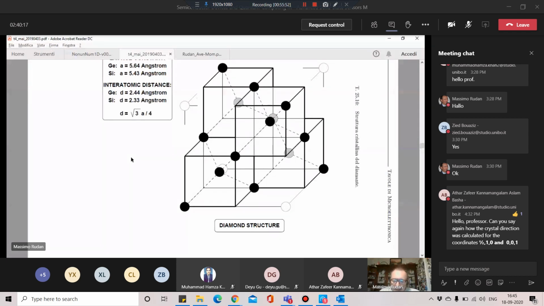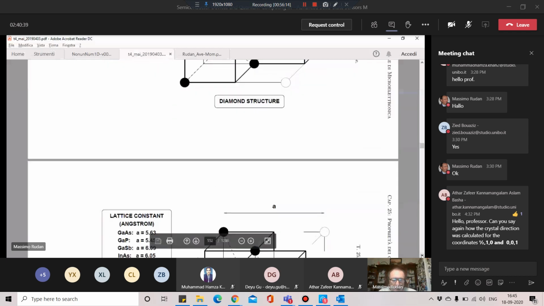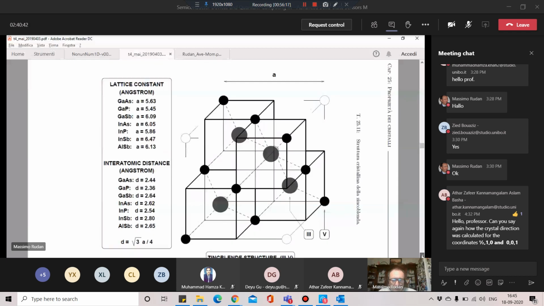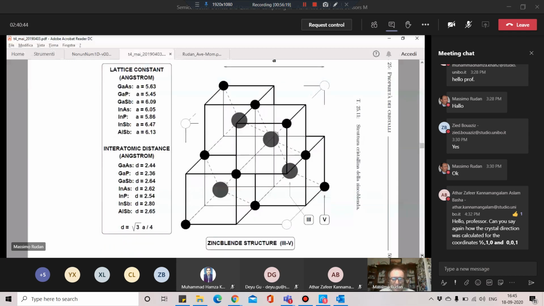Then there are other materials that are compound materials, so they are made of two chemical species combined together that also have a structure very similar to this. And there are several possible combinations of two different chemical species that combine together to provide a structure similar to that of diamond.